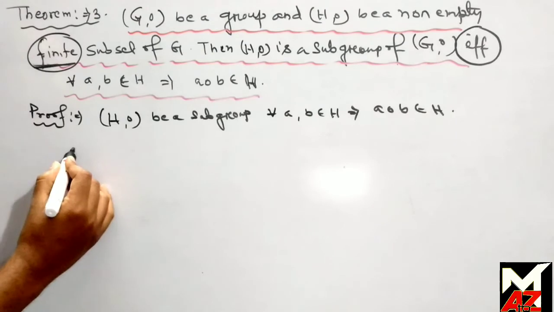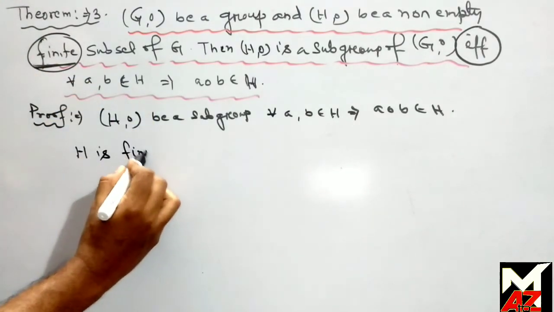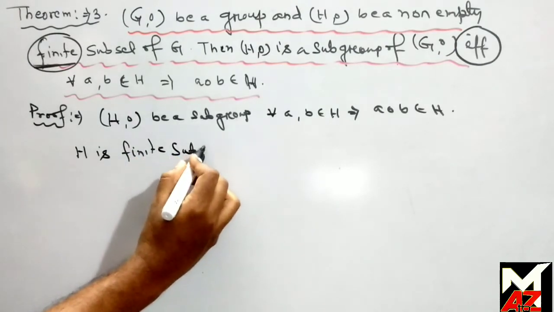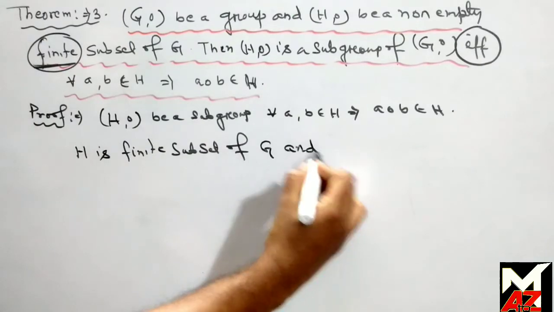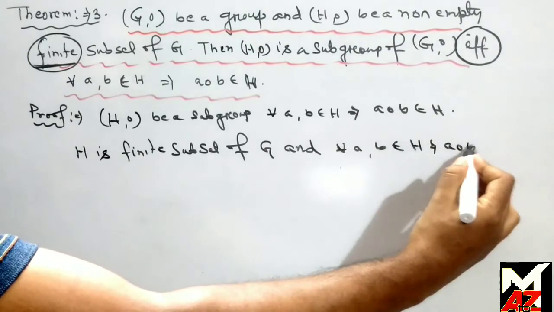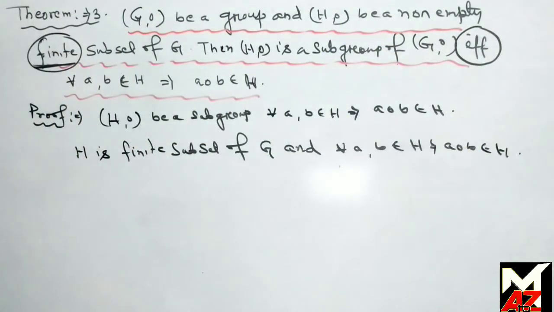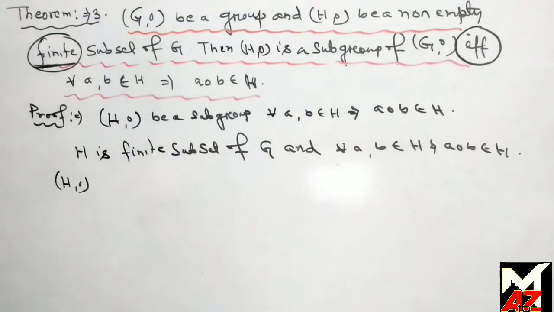So H is a finite subset of G, and for all A, B belongs to H, A composition B belongs to H holds. That is the closure property holds. Now we have to show that H circle is a subgroup. That is another three properties required: associative, inverse, and identity.